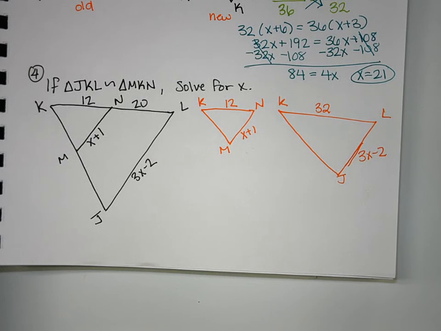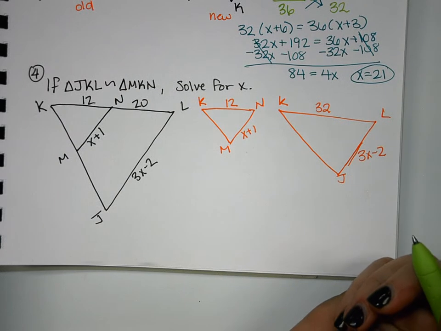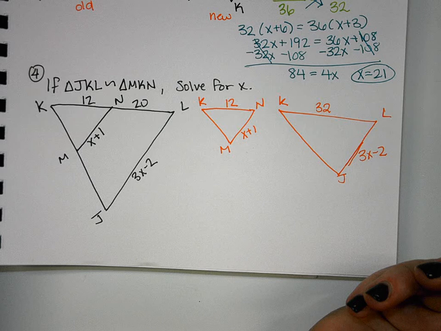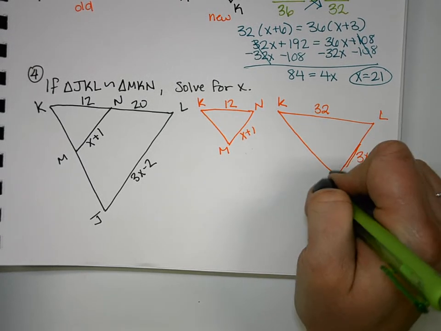Okay, so now that we have our triangles separated, we can go ahead and write out our proportions. So which one do we want to call new? Which one do we want to call old? The big one is new, the big triangle. Okay, so we're going to go from small to large.